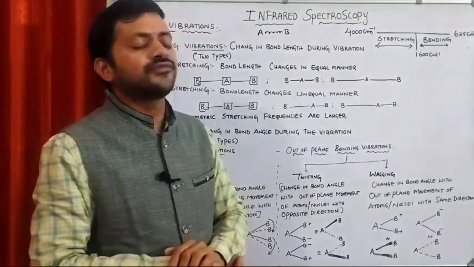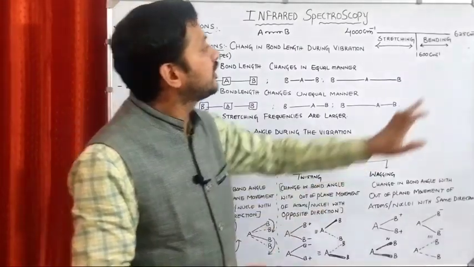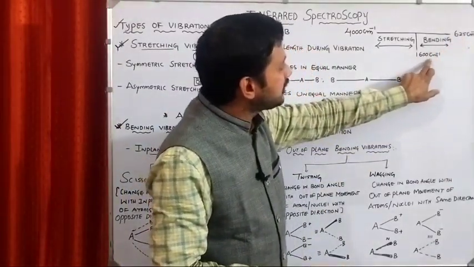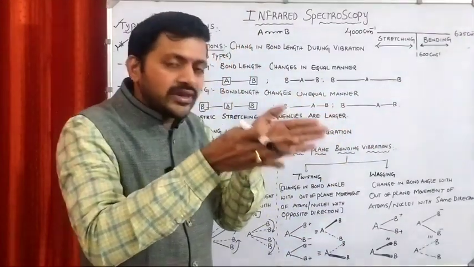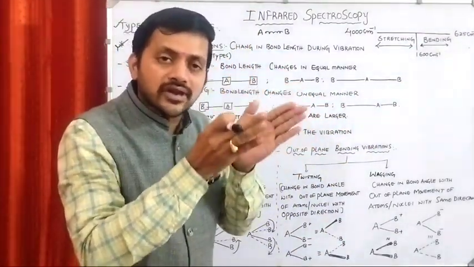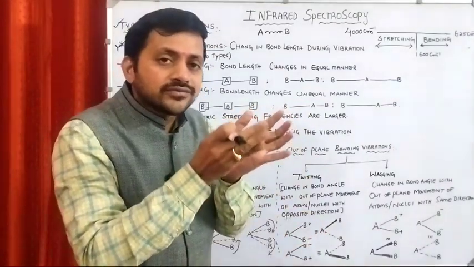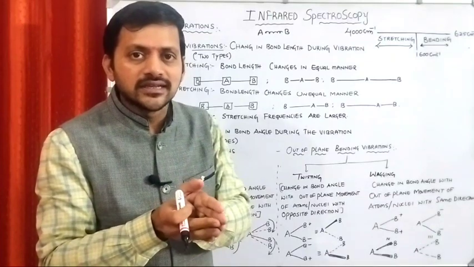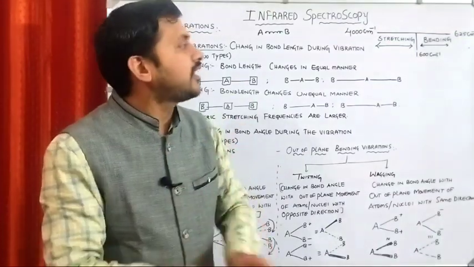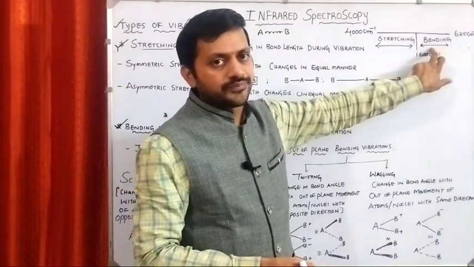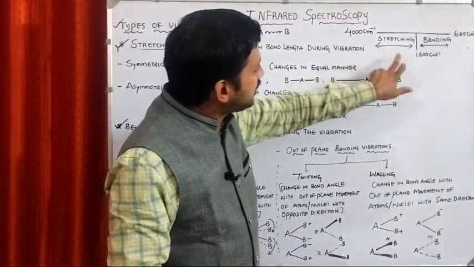So in this phenomenon, what we are observing, the region from 625 to 1600 centimeter inverse, in between these two values, whatever vibrations are happening, the frequencies we get are due to the what? Bending vibrations.